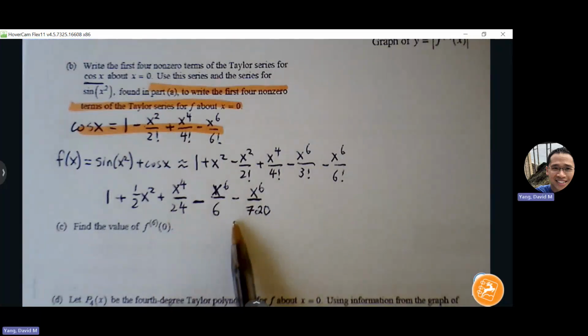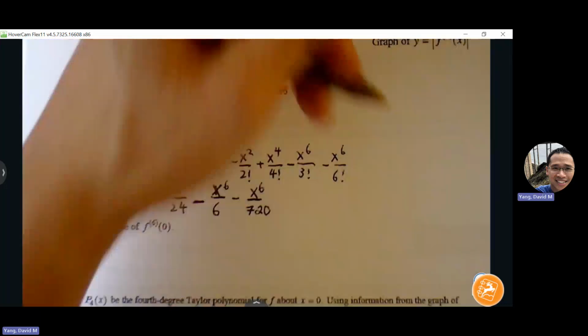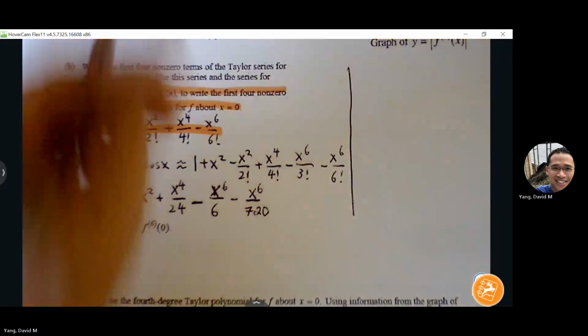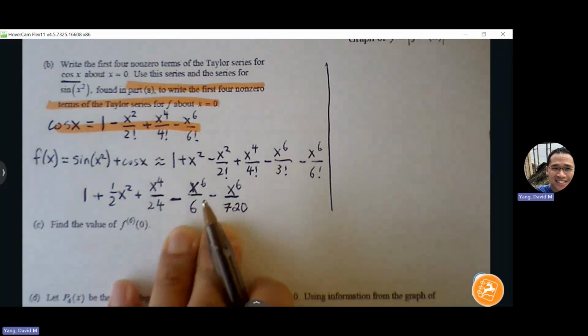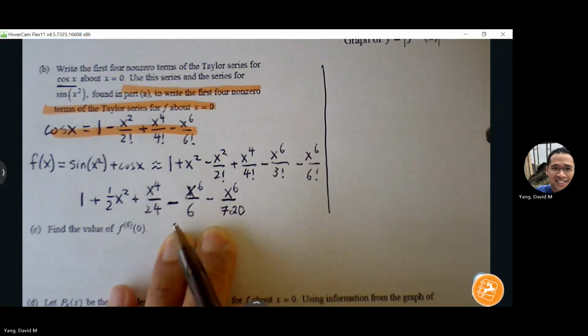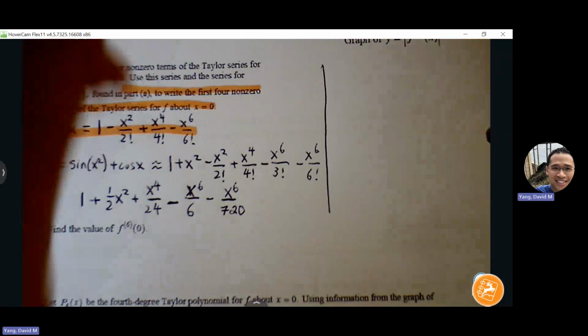So I'm just trying to work on trying to get these to be combined into one term. I need to find a common denominator of 720.